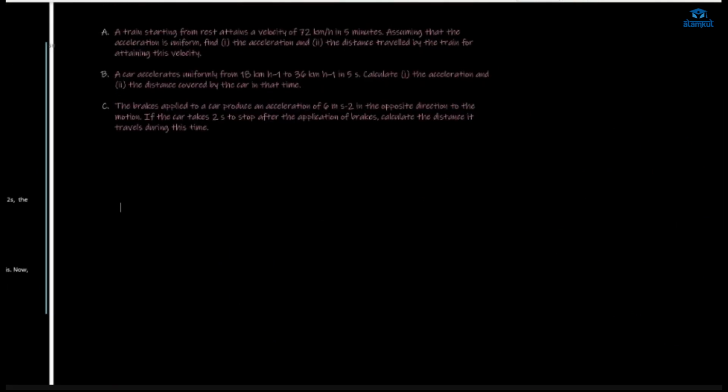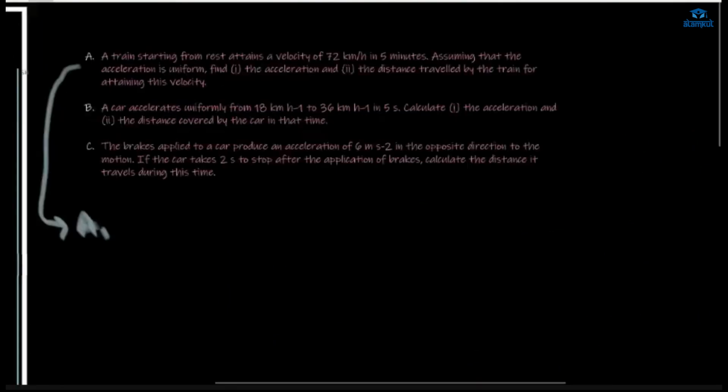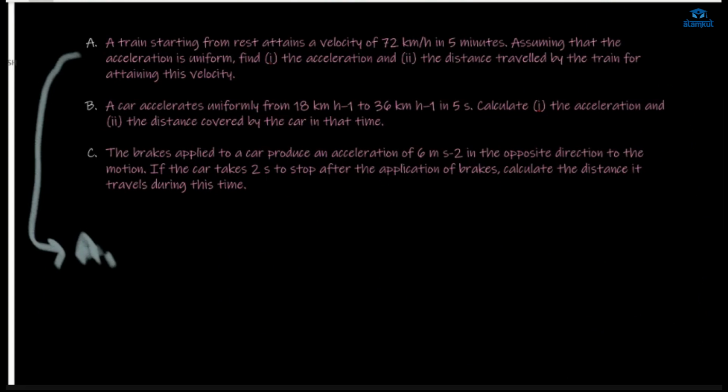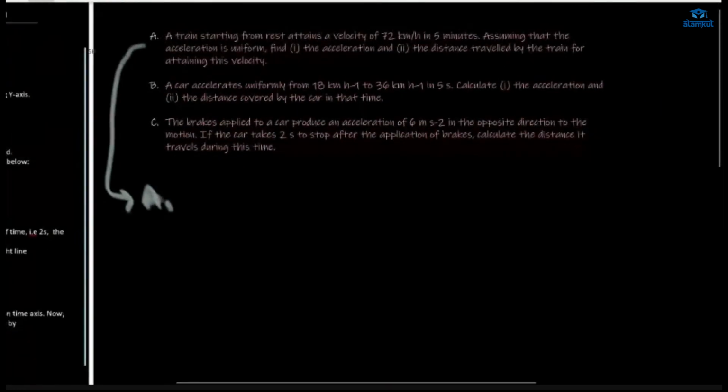So the first question is saying, a train starting from rest. Starting from rest means what? It has not started moving. Starting from rest means it has an initial velocity of 0.